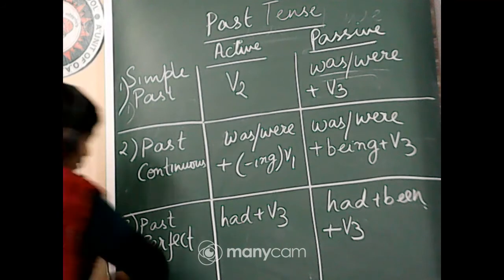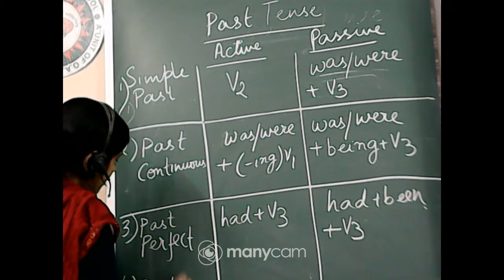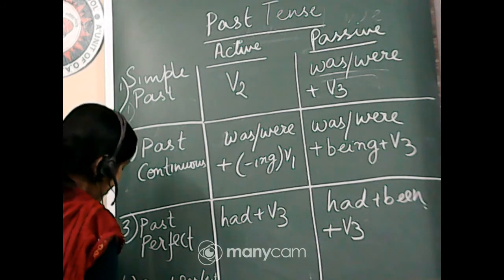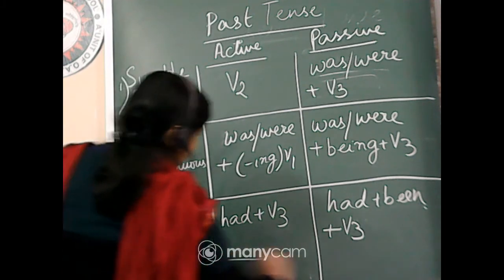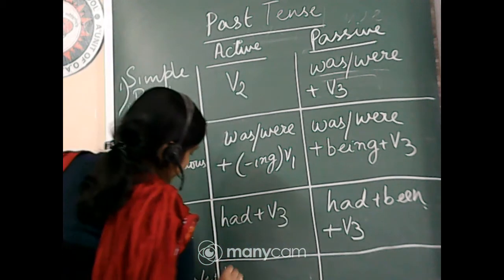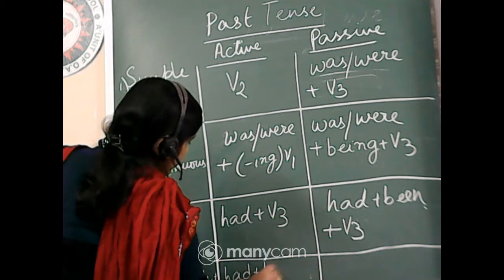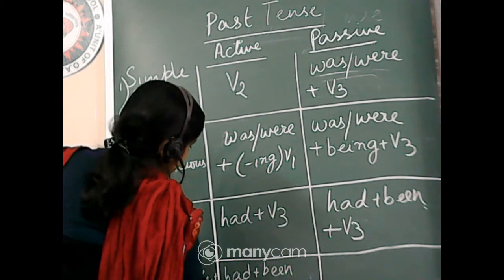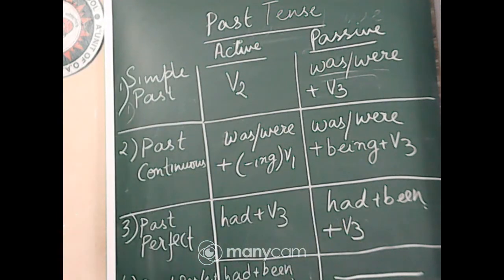And past perfect continuous doesn't have any change or no passive voice for that. What is the form of the past perfect continuous tense? And here there is no change.